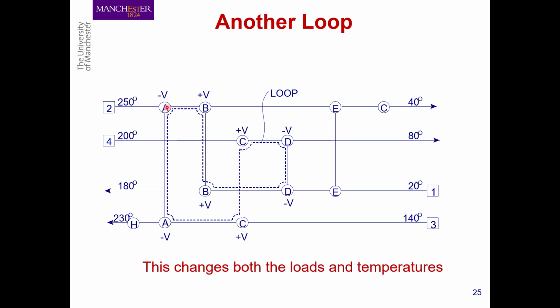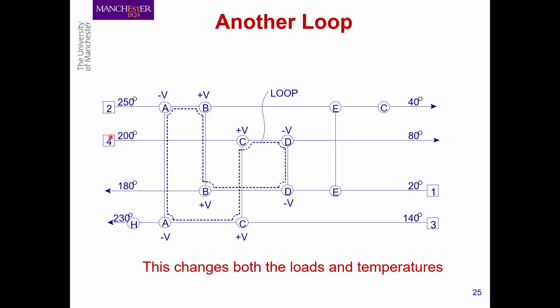And within this closed loop, we can shift the duties around from one exchanger to the other in a horizontal system, and we can also exchange heat in a vertical system. And again, the goal is to reduce the areas of these exchangers by having, for example, maximum energy recovery.